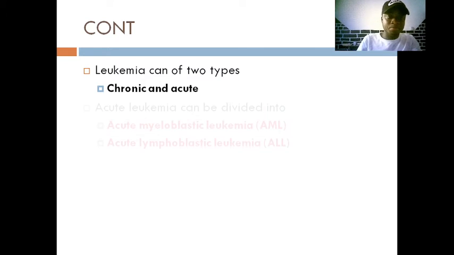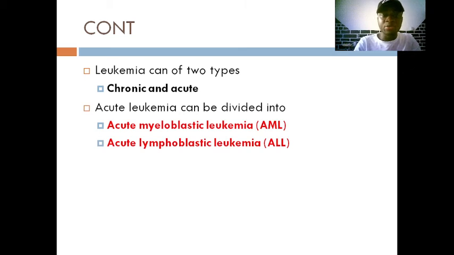Now, let's talk about them. Acute leukemia. When we take acute leukemia, remember, leukemia itself can be classified into two: the chronic and the acute. And acute leukemia can also be subdivided into two.